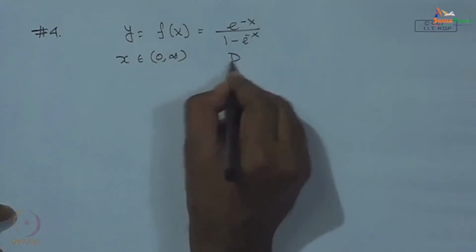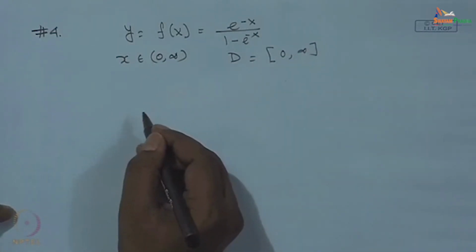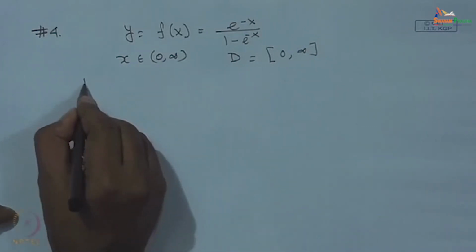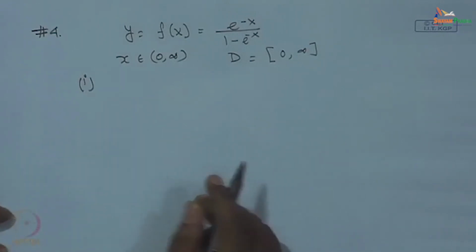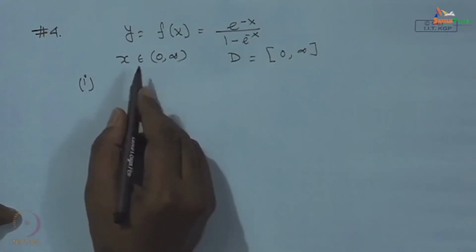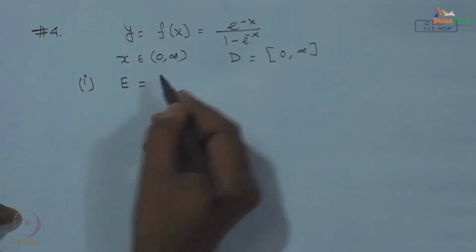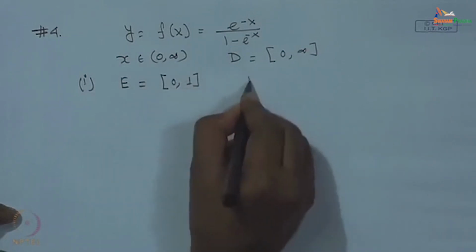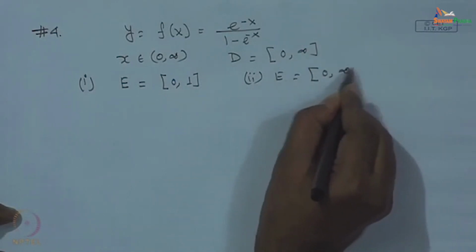So, we have to find out the nature of function f, whether it is onto, into or 1 to 1 for different sets. In case 1, the set E is from 0 to 1. In case 2, the set is from 0 to infinity.